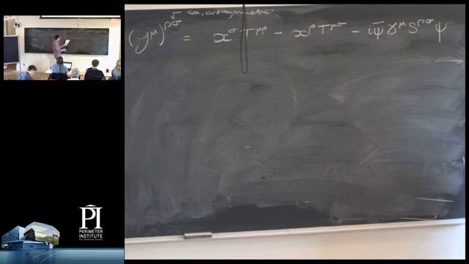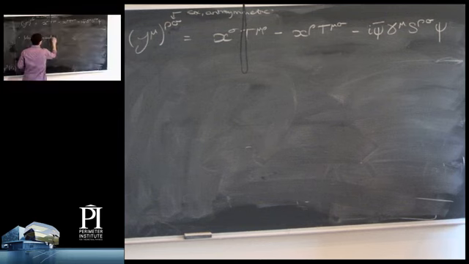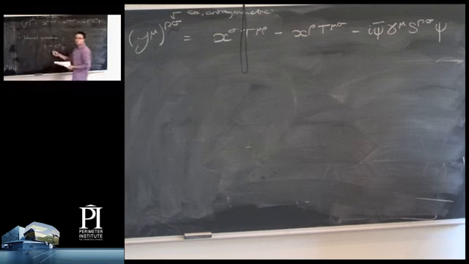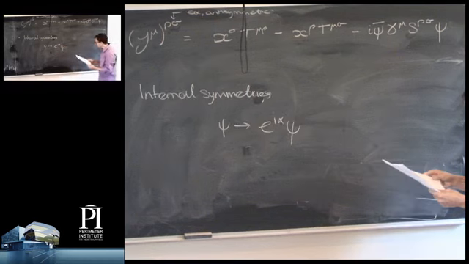Okay, there's a couple of internal symmetries. So one is just the fact that psi is complex. We can change the phase of psi. This action doesn't change. Okay? This doesn't depend on space. This is just an overall constant change of psi.